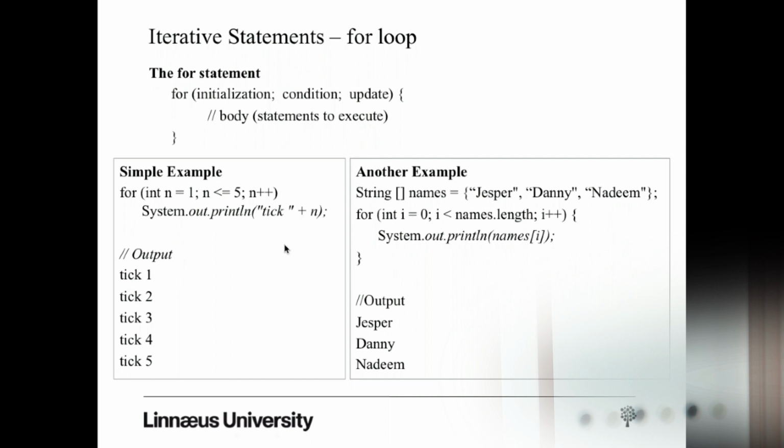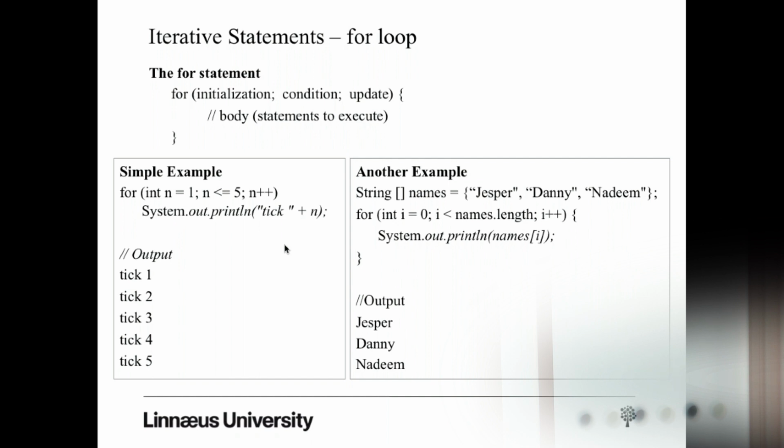It might look like after this the control will go here, but in writing you write this first, while in execution, after the initialization it will check the condition. The value of n is 1, 1 is less than or equal to 5, the condition is true, so it will jump to the body of the loop and execute this statement.